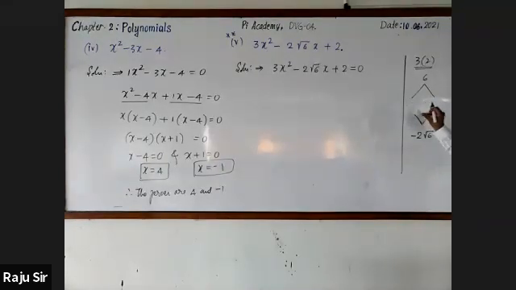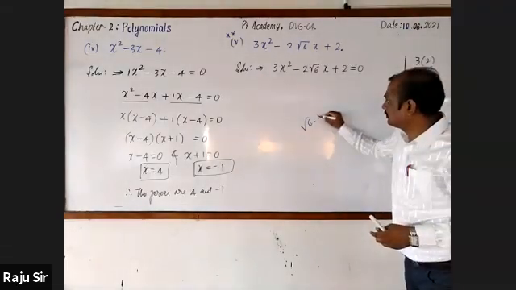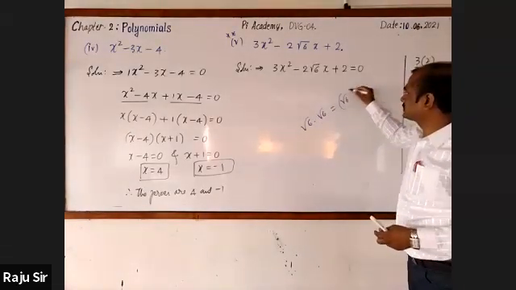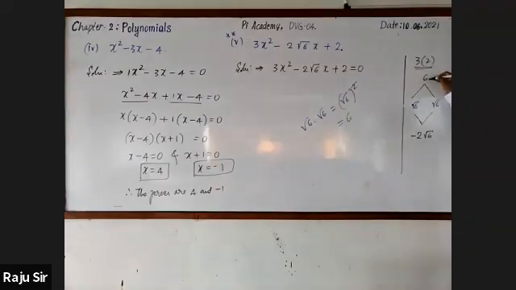Okay, what I am going to write is, here root 6 is there. I'll write root 6 two times. The reason is, when you multiply root 6 and root 6, it will be root 6 whole square. Square and root cancel, you will get 6.